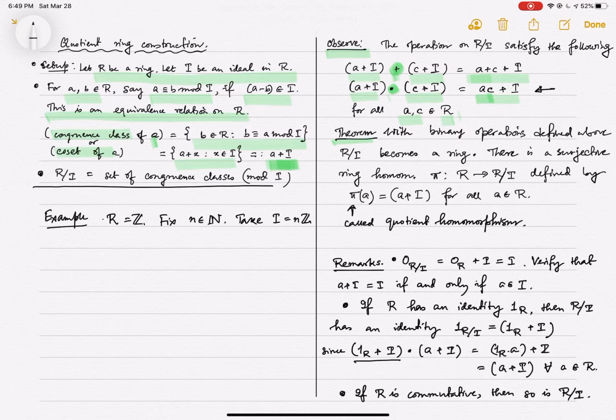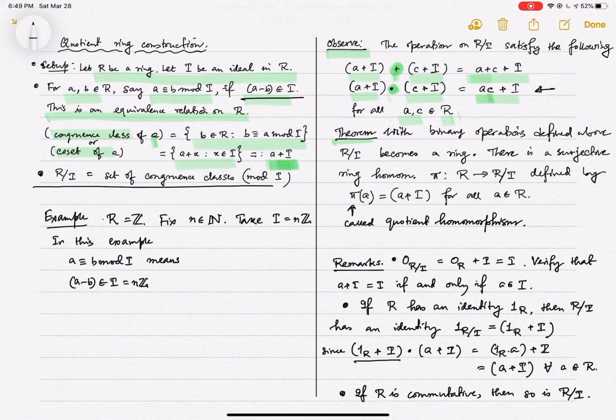So in this situation, what does A congruent to B mod I mean? It means that the difference is in I. That's the definition up here. But the I is n times Z. What does that say?